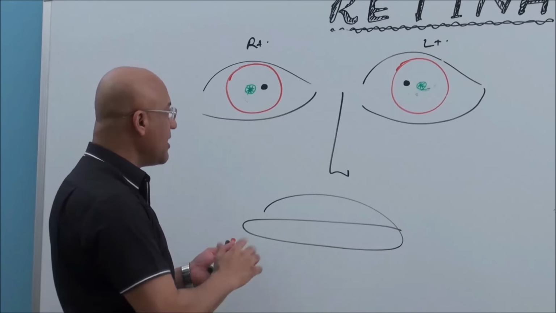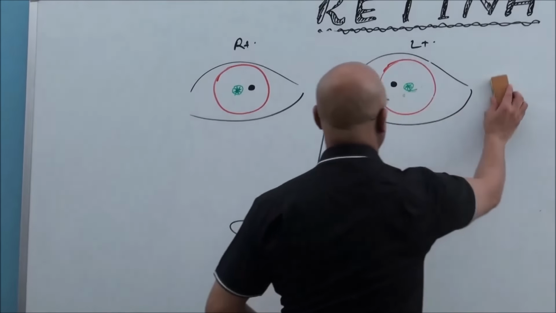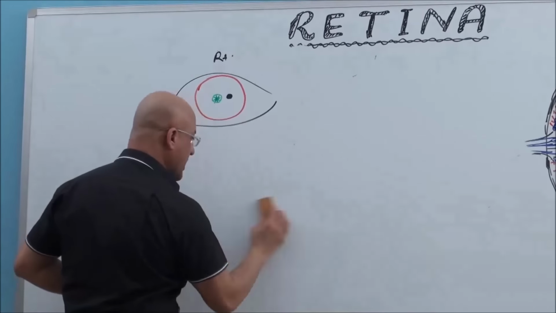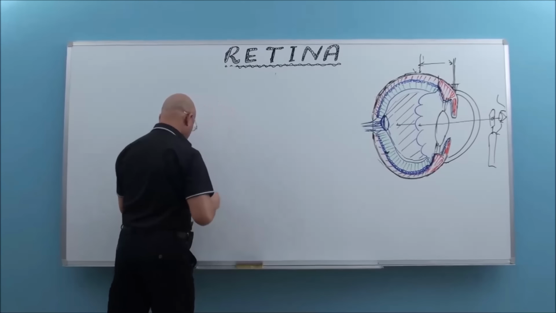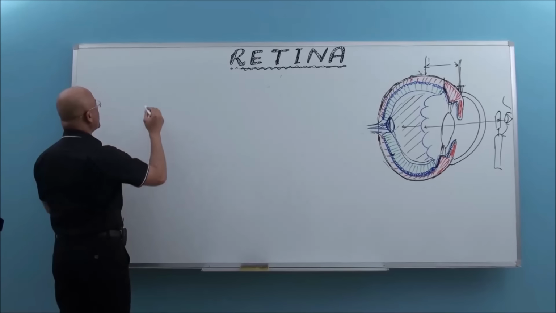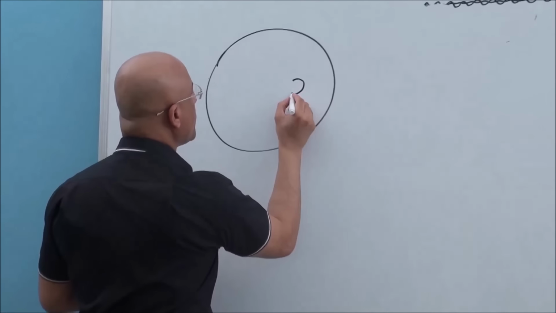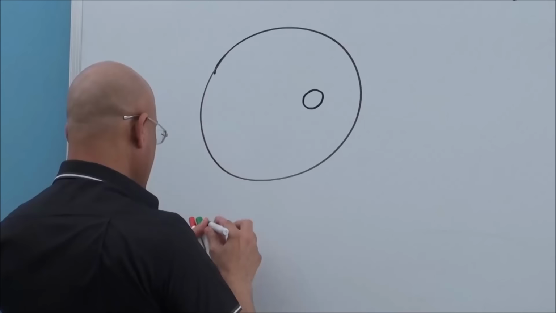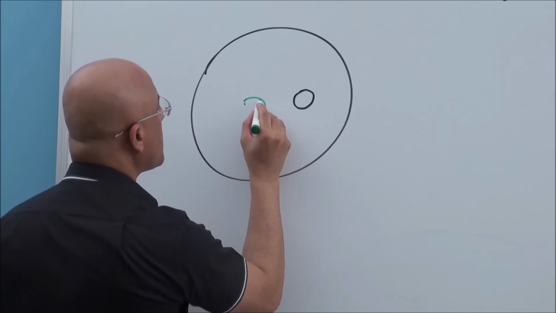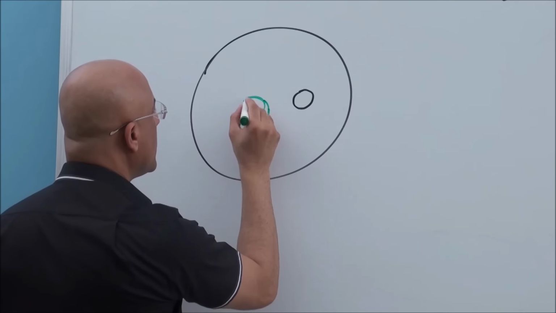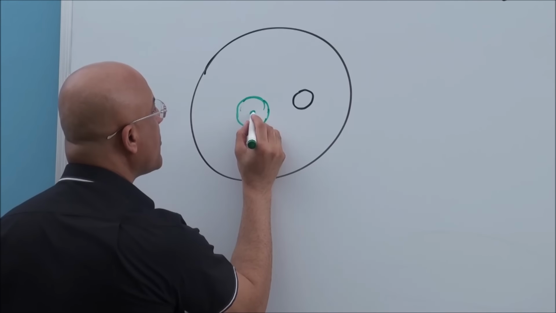So I will now draw these two in a larger way. I will draw just one eye, and you will tell me if I'm drawing the right or left. Suppose this is the fundus, here is the optic disc, and here is the macula lutea, and within the macula lutea there is a central area.